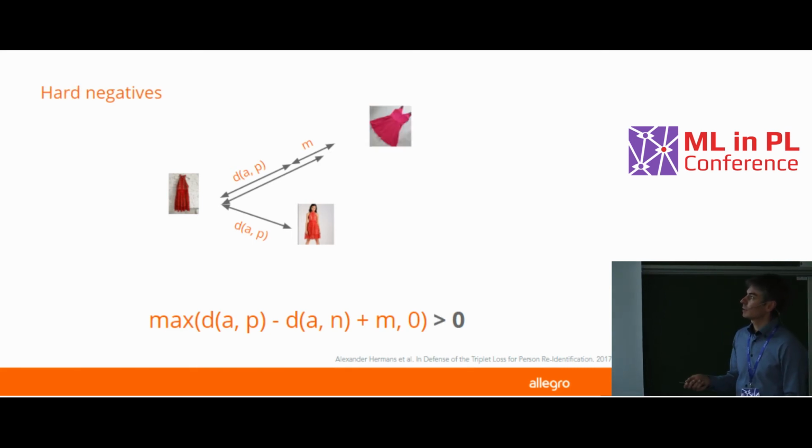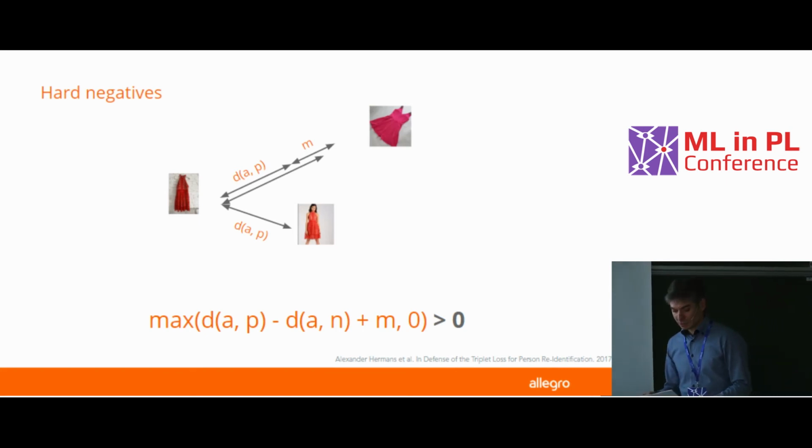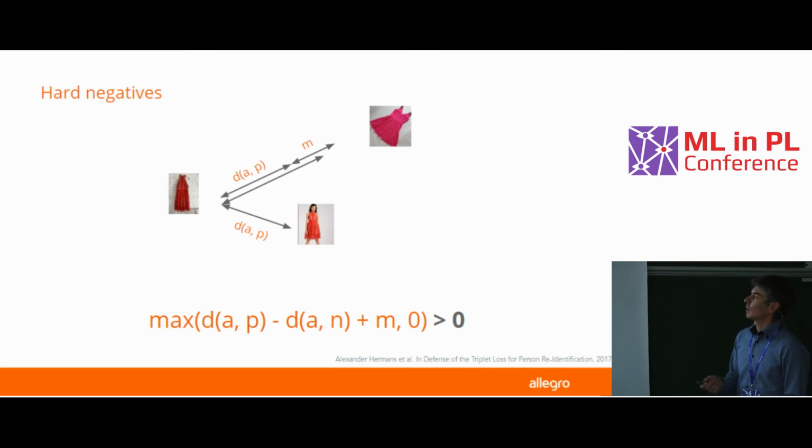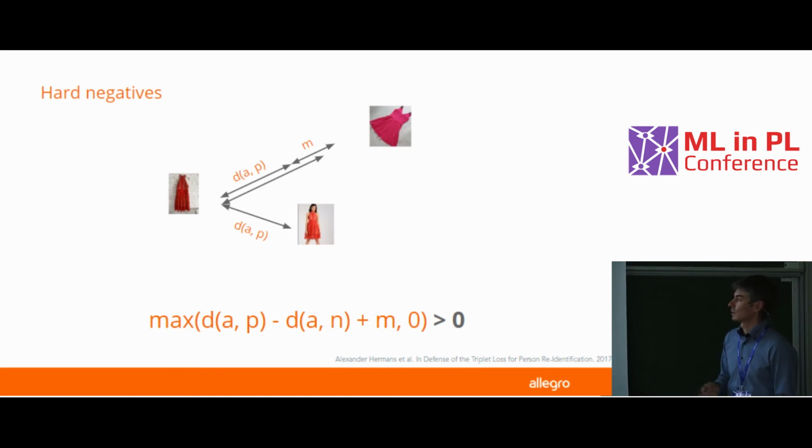So to make it learn, every time we are producing a triplet, we are trying to find such a negative that is close to the query, within a margin or even closer. And in this way, the loss function is positive and our model can learn. Of course, it's not always possible to find such negatives, but we try to find them.